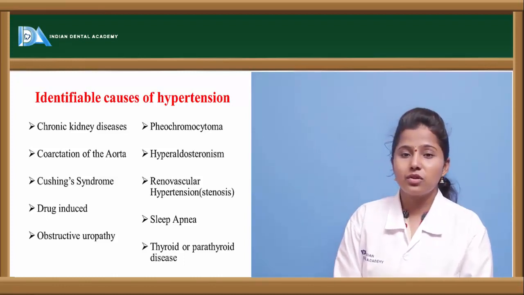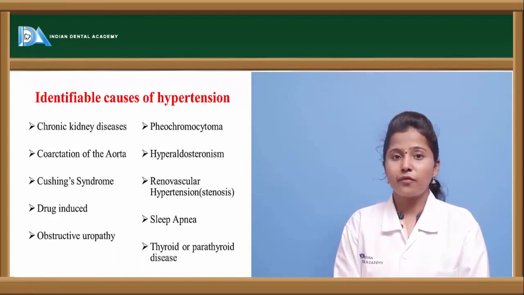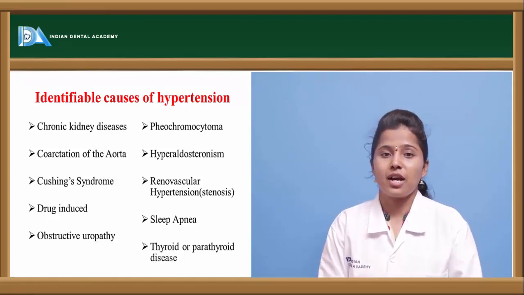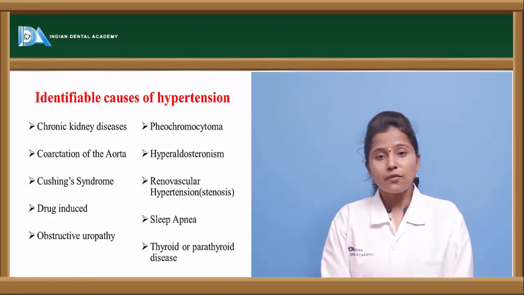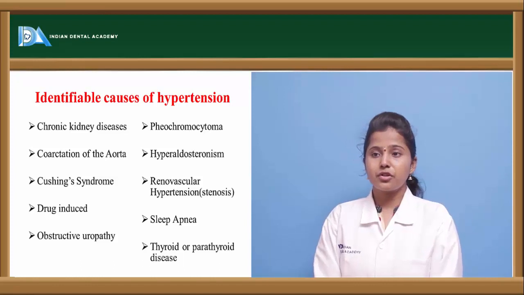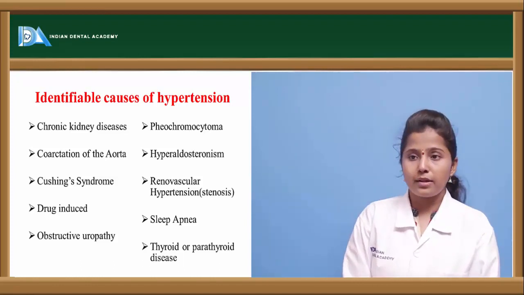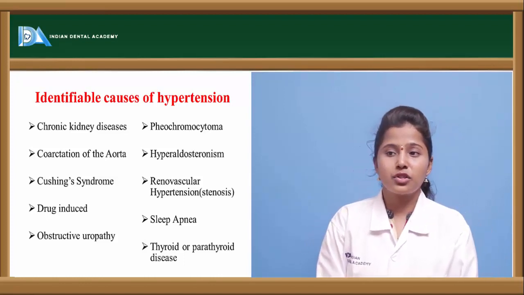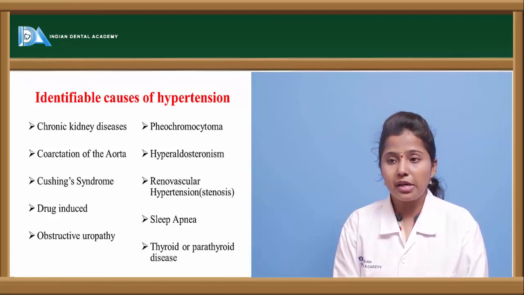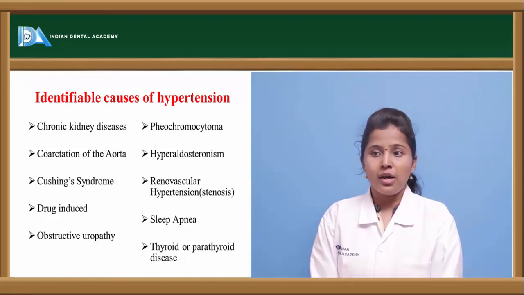And drug induced. Hypertension may be a side effect of a few drugs. Because of drug induction also hypertension can be caused. And the other ones are obstructive uropathy, pheochromocytoma, hyperaldosteronism. Pheochromocytoma and hyperaldosteronism are related to the adrenal gland.